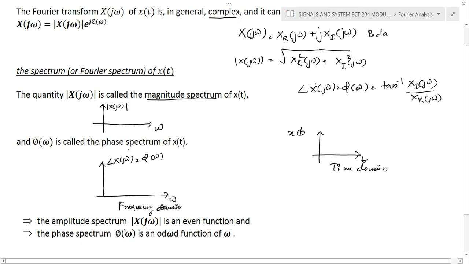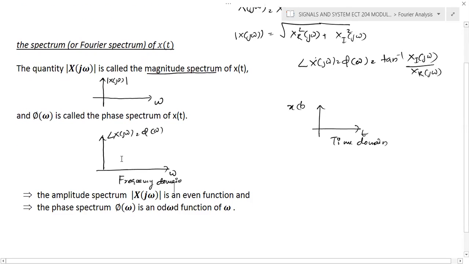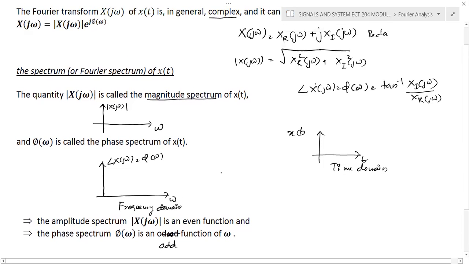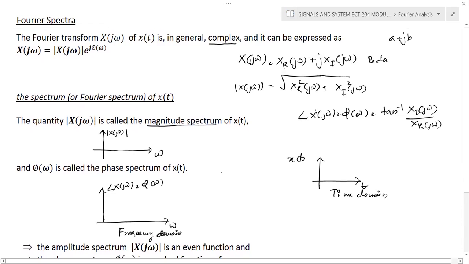And one more point with respect to these spectra: the amplitude spectrum is an even function, and the phase spectrum is an odd function of omega. So you will get an even function for the modulus, and for the phase spectrum or angle you will get an odd function. Okay, it's all about the spectrum. So make sure that you are comfortable with all these concepts.